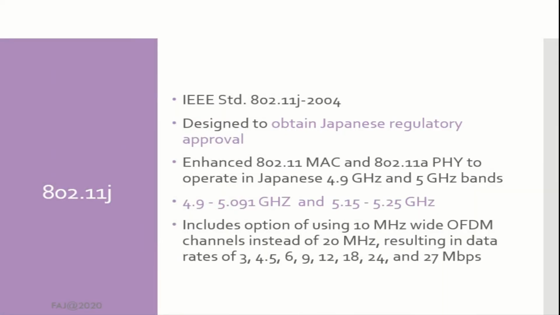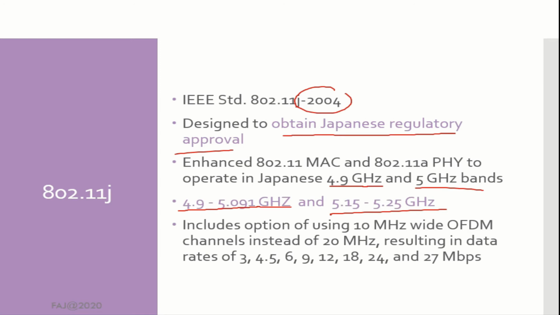Next is 802.11j 2004, designed to obtain Japanese regulatory approval. Okay, it operates in Japanese 4.9 GHz and 5 GHz. So these are the ranges: 4.9 until 5.091 GHz and 5.115 until 5.25 GHz.